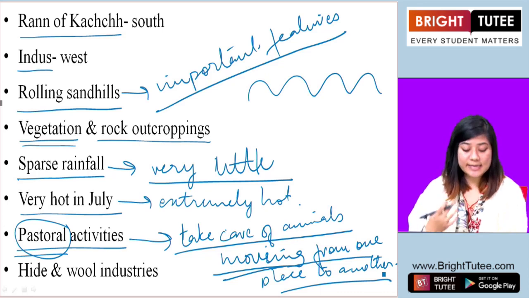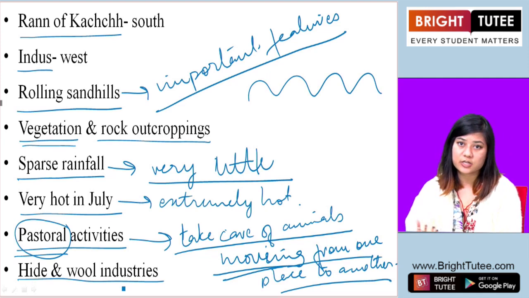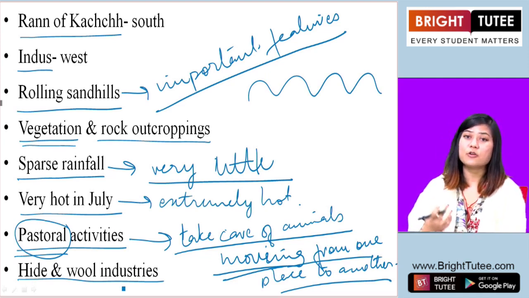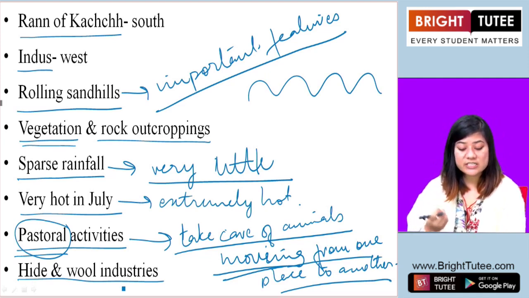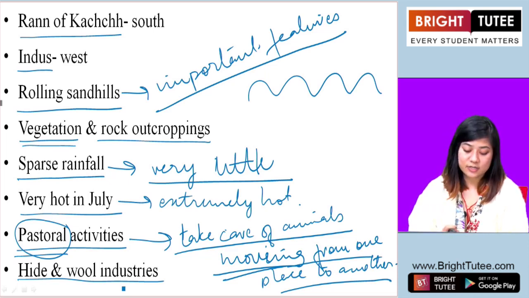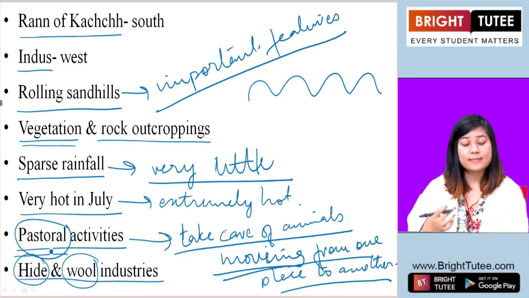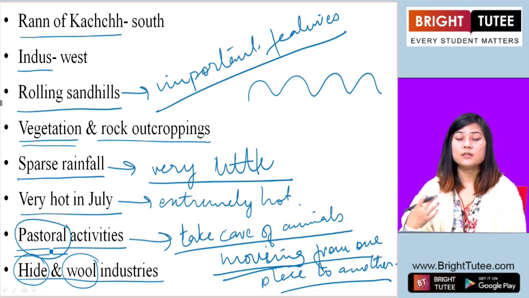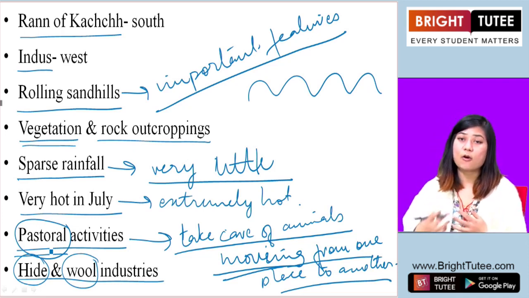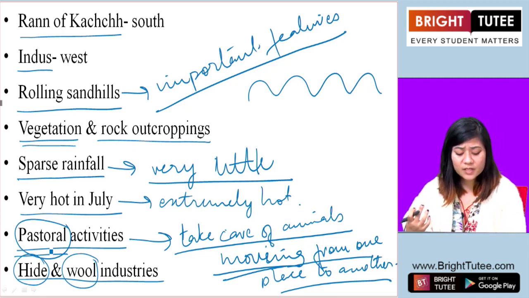So they are engaged in industries such as the hide and wool industry, because they are pastoral communities who deal with pastoral activities, and they take care of sheep, they take care of cows, etc. So they get wool from the sheep, hide from the cow or buffalo, and then they sell these to the industries, and they also sell or manufacture these produce.